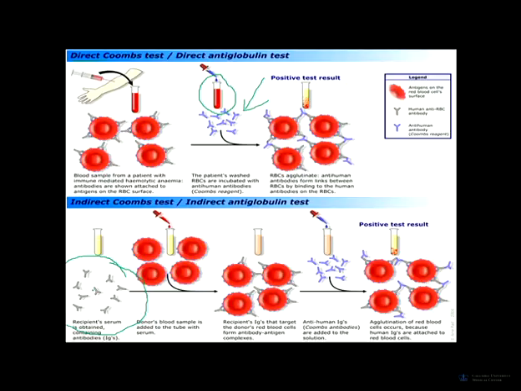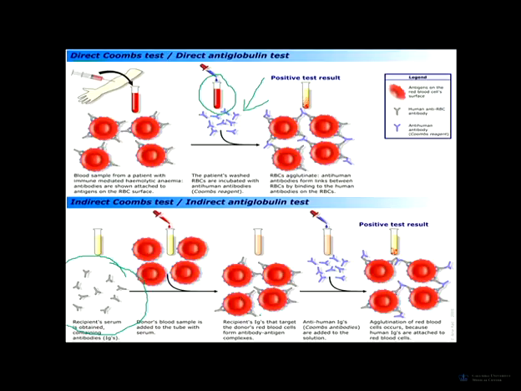And you're looking for the patient's antibodies. And then you mix these antibodies with reagent red blood cells. You know what these red blood cells have on the surface, and you see whether or not these antibodies and these red blood cells will react with each other, whether or not the antibodies will attach.